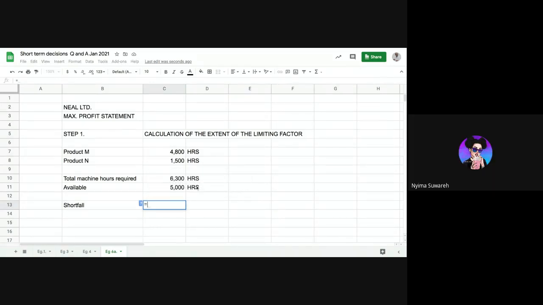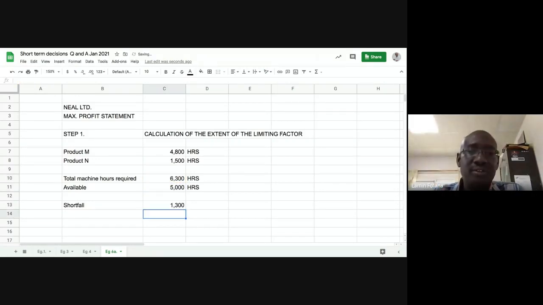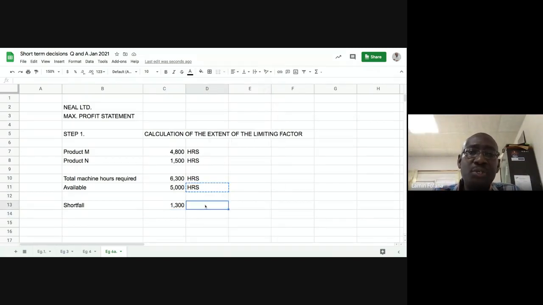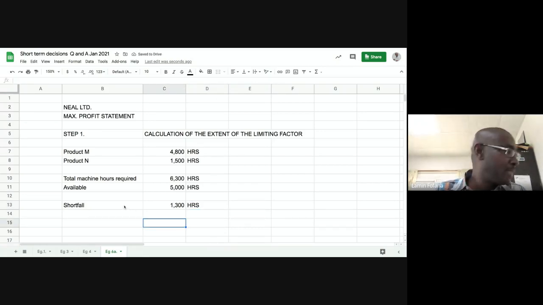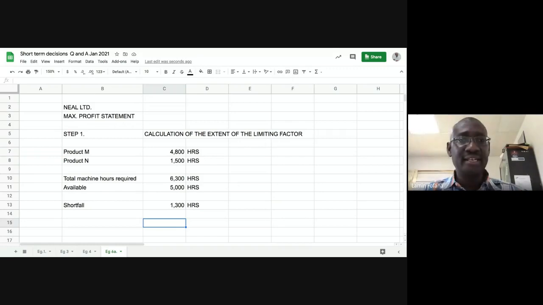The difference between the two: 6,300 minus 5,000, so that's 1,300 hours. If we have to produce 600 units of M and 500 units of N, we require 6,300 hours.